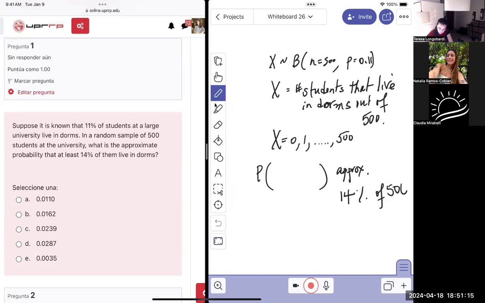What's 14% of 500? What's 0.14 times 500?